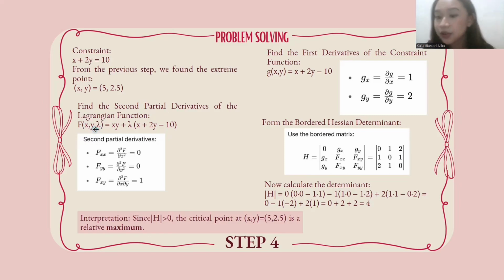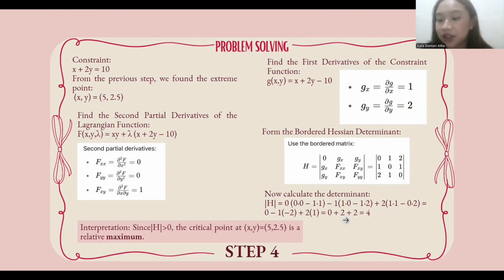These are used to fill the center of the Hessian matrix. So we have 0, 0, and 1. Next, find the first derivative of the constraint function, which is g of x and y equals x plus 2y minus 10, which gives us this.